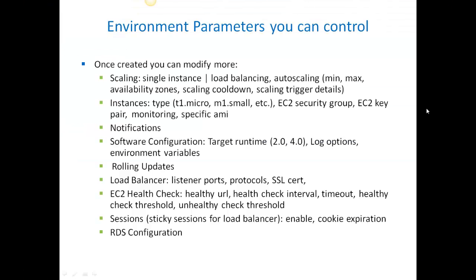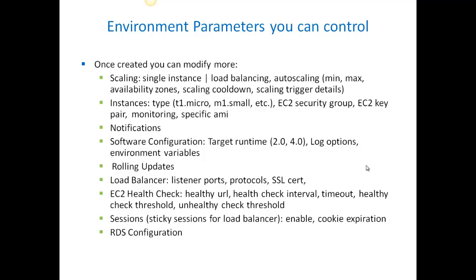Once you've launched the site, there are a few more parameters that you can control that we didn't see in the Visual Studio interface. Most of these ones I've listed here are the same, but I can change the auto scaling min and max. I can change availability zones, cooldown, the size of my instances, the EC2 security group, notifications.